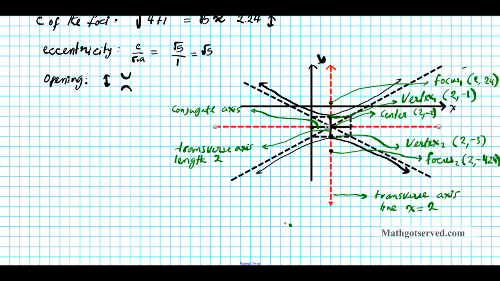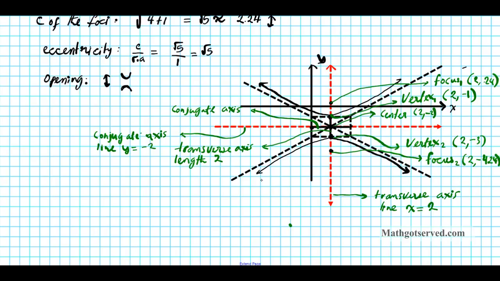I just changed the color of our conjugate axis line to red, so let's label that. This is our conjugate axis line, and it is going to have the equation y equals the y-coordinate of our center, which is -2.